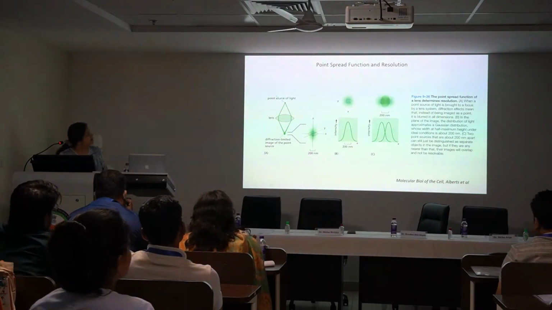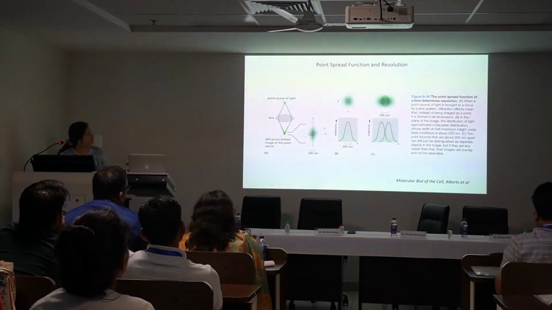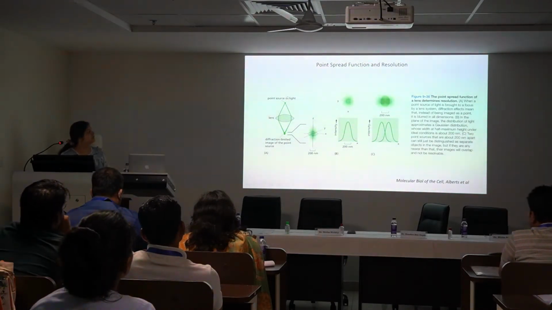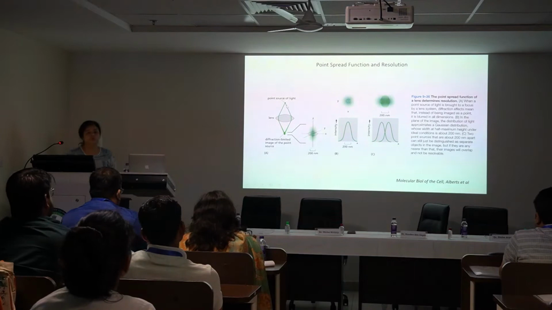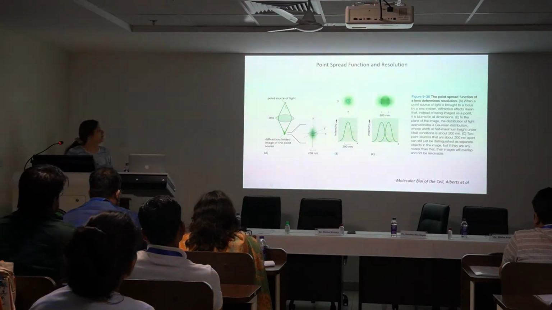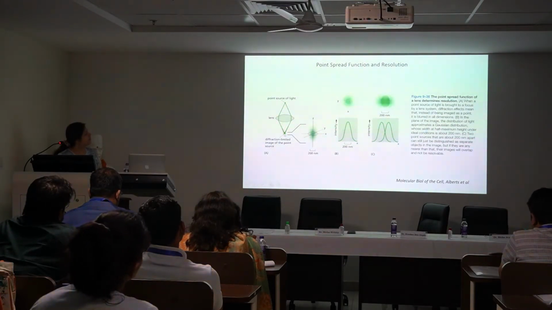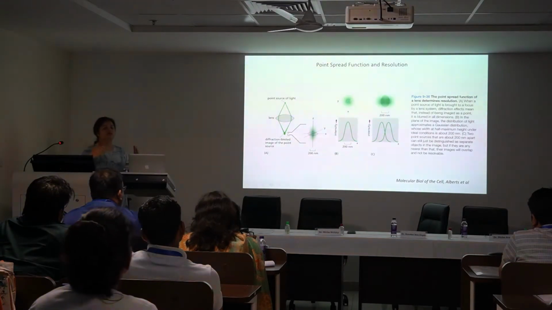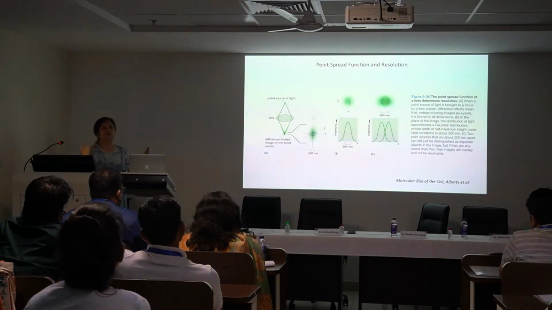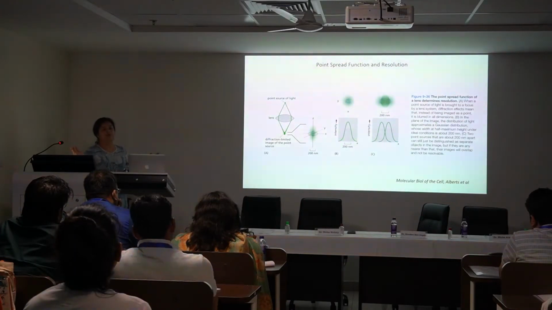And one more concept to remember here is that we are using a point source of light, typically lasers. But since light is a wave, it is going to flow through the objective, and it will either sum up and increase the number of photons, so basically you will have either interference or the lack of it, right?